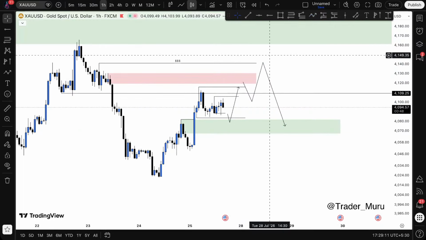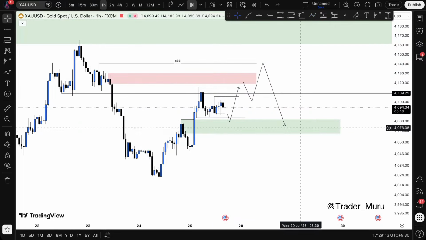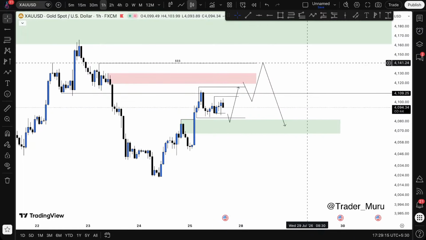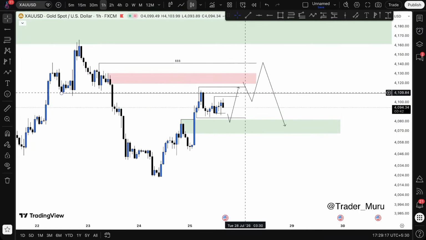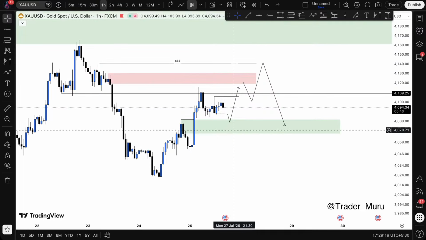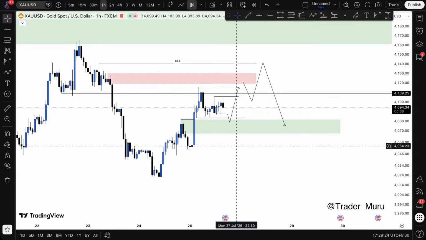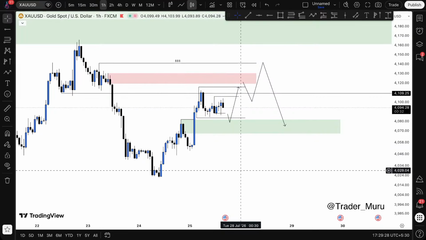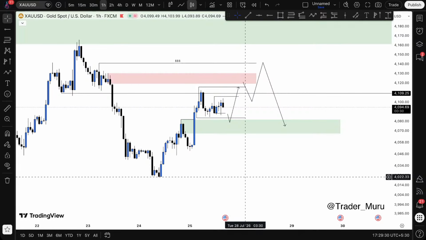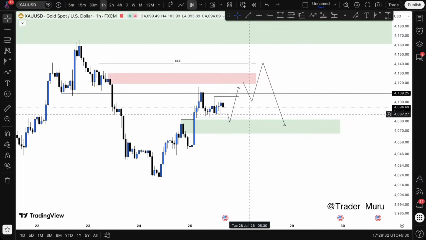So we still have this much price action pending before FOMC, and it will be a very slow move.